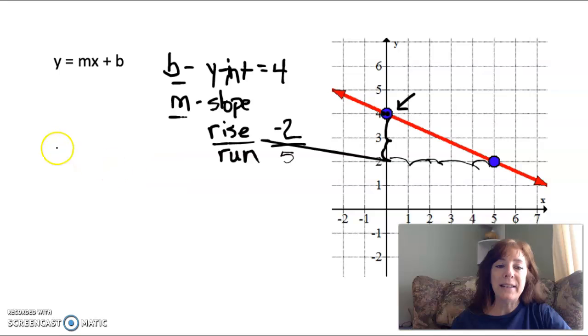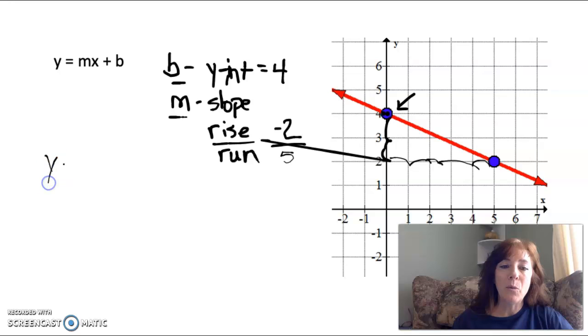To write our equation, all we do is come back to this standard form, y equals mx plus b. We need a y and we need an x to stay open so that we can find any y value for any x on our line.